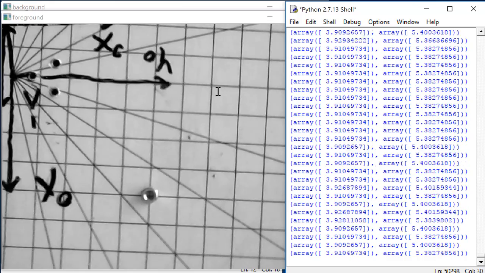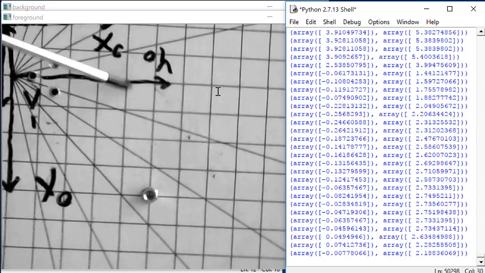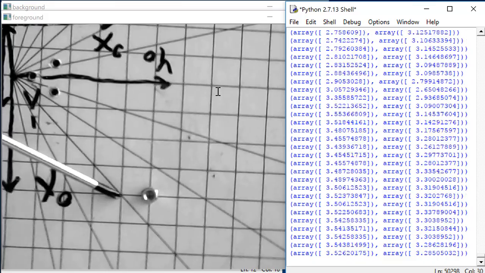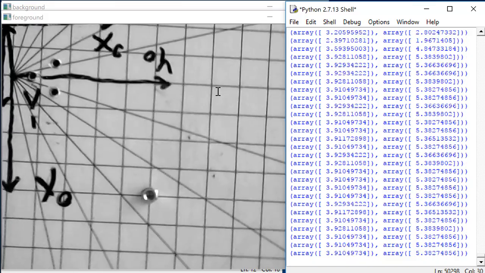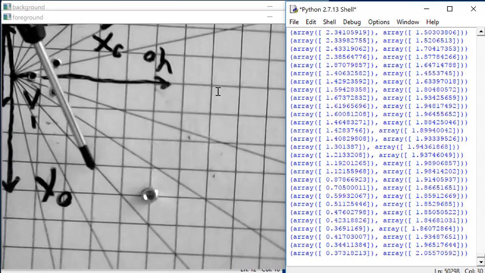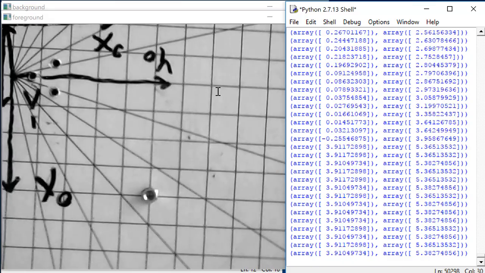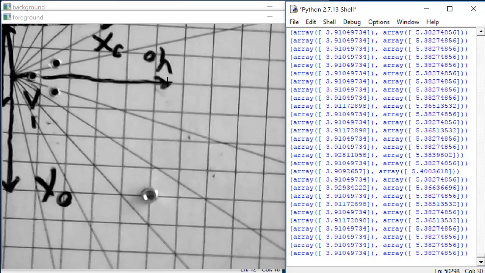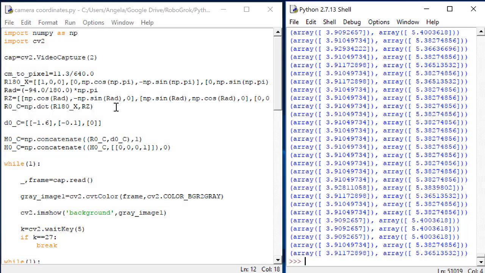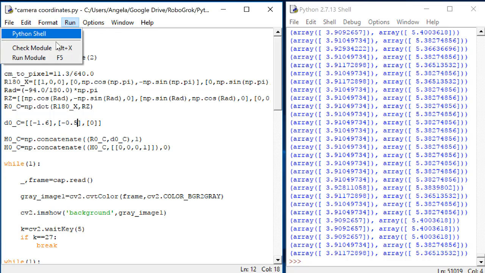The Y says it's 5.3 and we're at 1, 2, 3, 4. Oops, I did the wrong direction. We're at 1, 2, 3, 4, 5. So I think we actually got a little bit worse. Let's go back and let's make this 0.5. And now let's run.